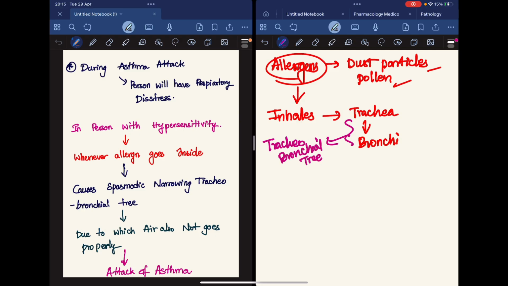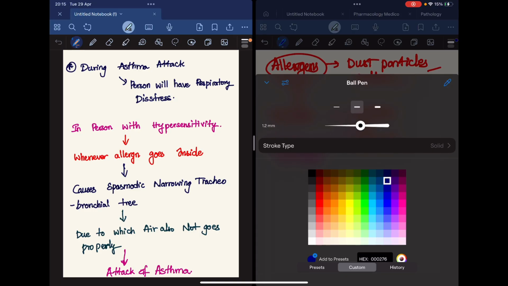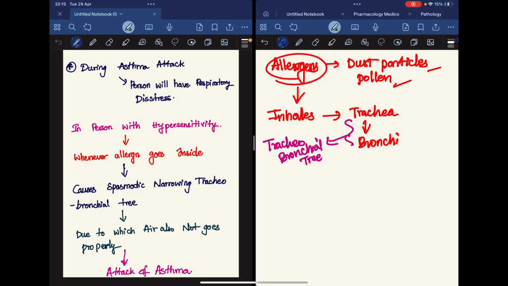Whenever the allergen enters the tracheobronchial tree, what happens is, already the person is having hypersensitivity. The person is hypersensitive.